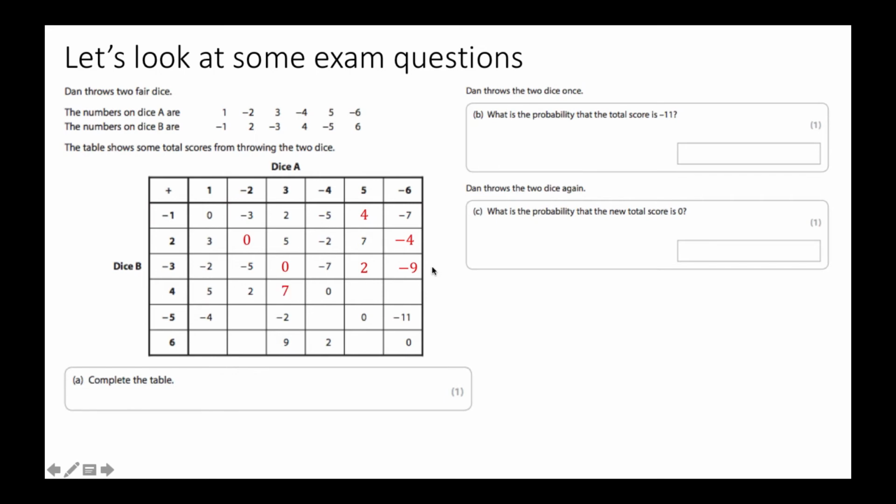Okay, I'm just going to fill in the rest of the table, but that's basically what's happening. If you're struggling with negative numbers, there is a video on that as well, how to add, subtract, multiply and divide negative numbers, so please make sure you check that out.